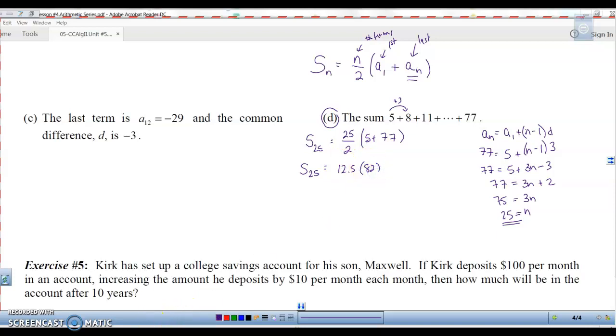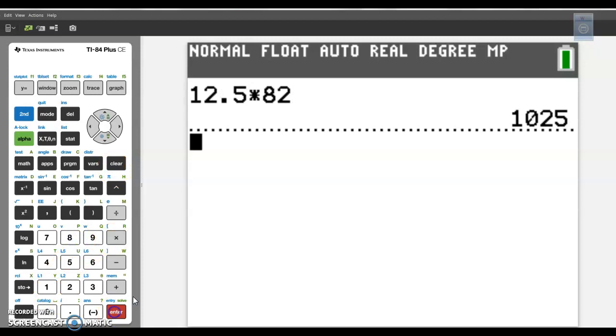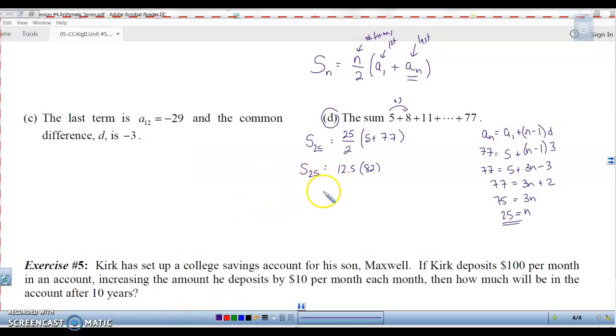If I grab my calculator, 12.5 times 82 is 1025. Or you can just enter it in your calculator as you see it. So S of 25 is going to equal 1025. So the sum of the first 25 terms of this sequence from 5 to 77 is going to be 1025 if you added all these up, going up by 3.